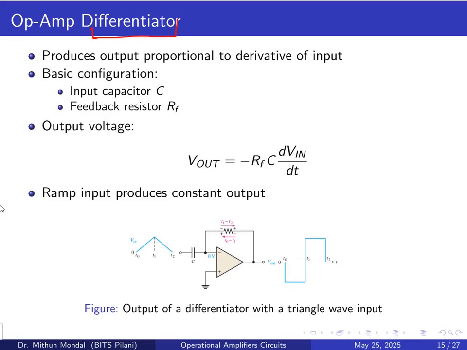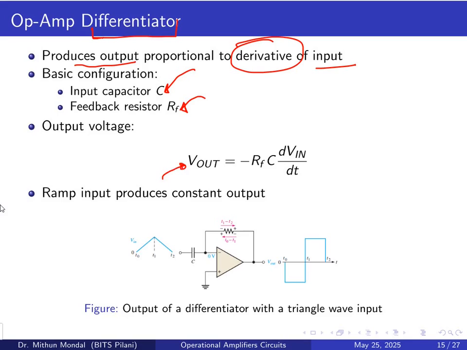Next circuit, we will see the differentiator. How it is different from the integrator is that it produces an output which is the derivative of the input. Here also you require a capacitor and a feedback resistor. Earlier we used an input resistor, here we require a feedback resistor.